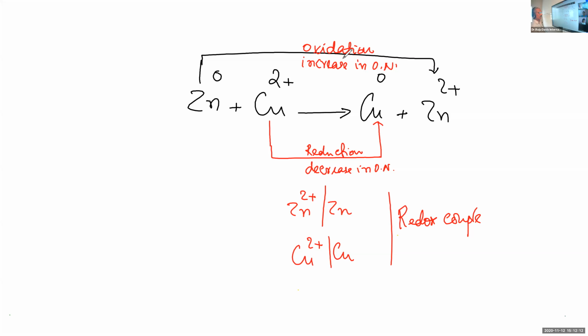In some cases, we can see that some ions are unstable, and they change. For example, the Cu plus 1 ion is unstable in water, and so it easily changes to Cu plus 2 and Cu.